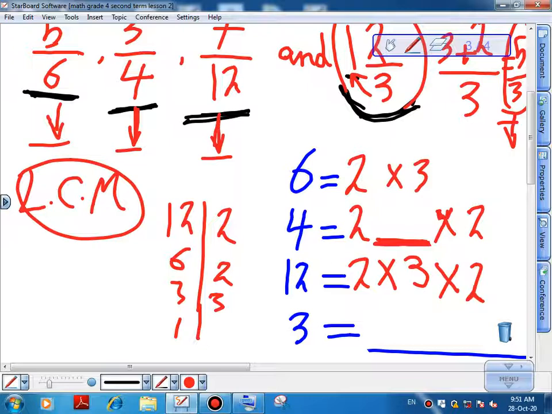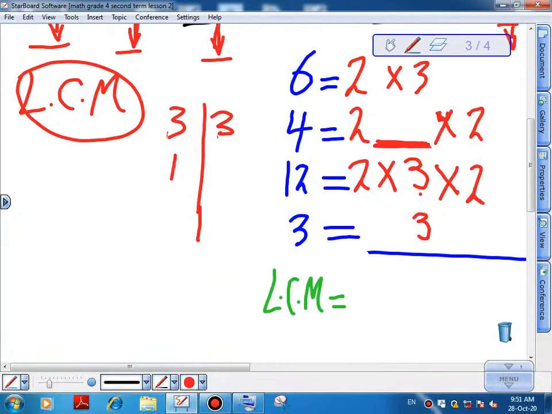And the last one, 3. 3 is only a prime number. It's divisible only by 3. 3 divided by 3 equal to 1. So 3 under 3.